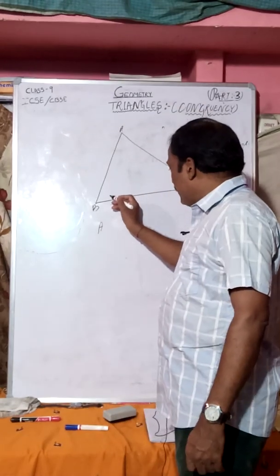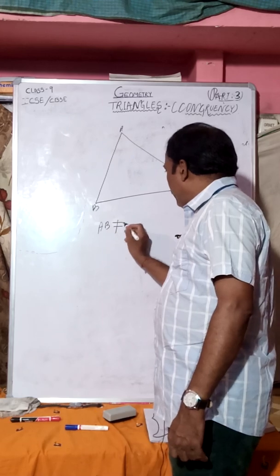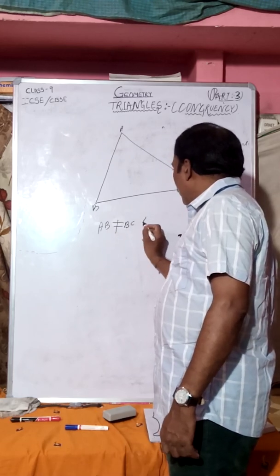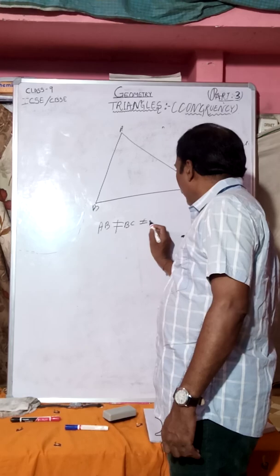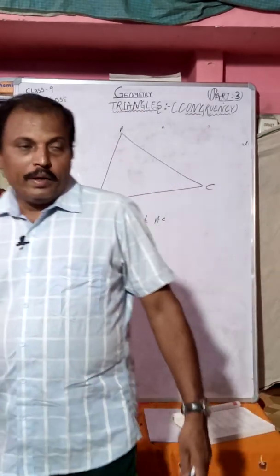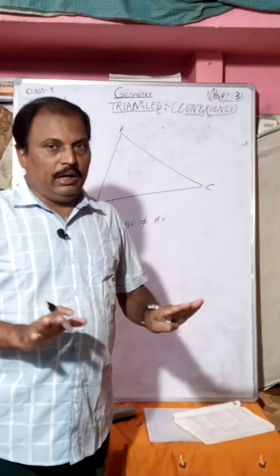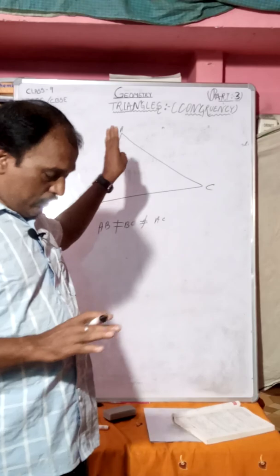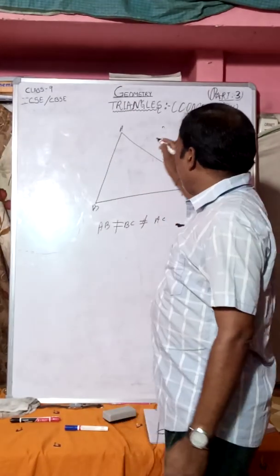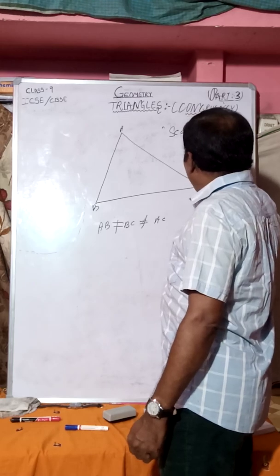So if this is a triangle and AB is not equal to BC, is not equal to AC. If a triangle has three sides but no side equal, so we know that it is a scalene triangle.